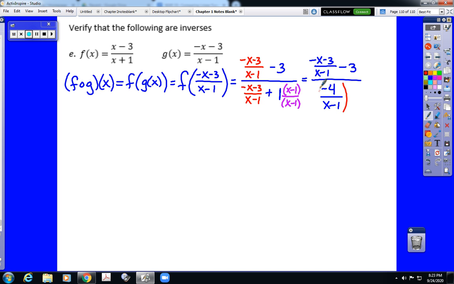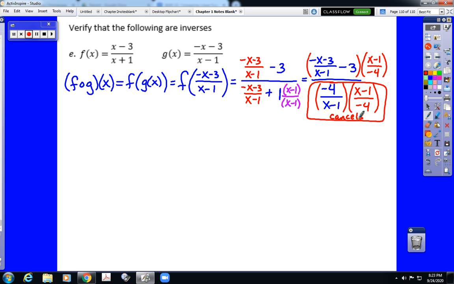So once we have the denominator down to one fraction, we multiply the bottom and the top of this fraction by the reciprocal of the denominator. What that does is it allows the entire denominator to cancel and go away, and gets rid of the fraction within a fraction.